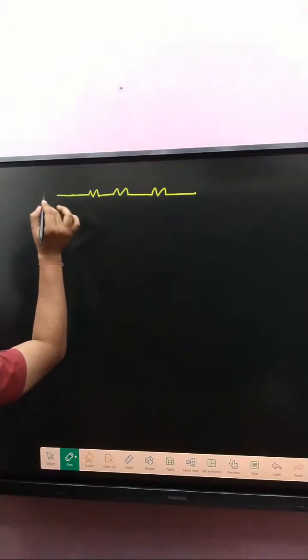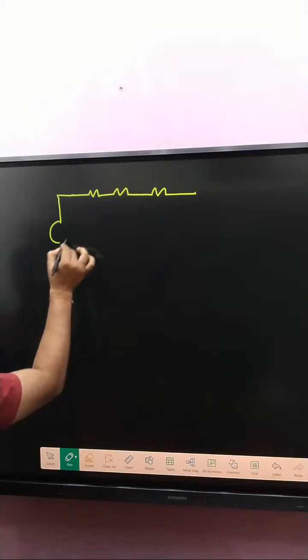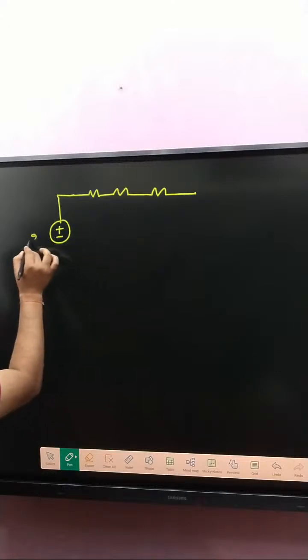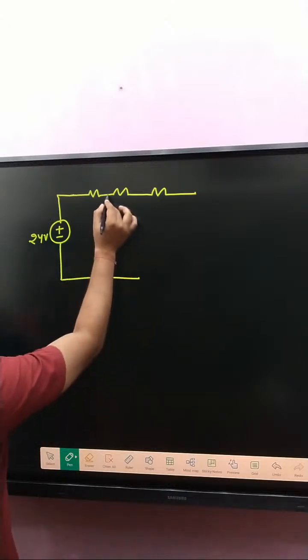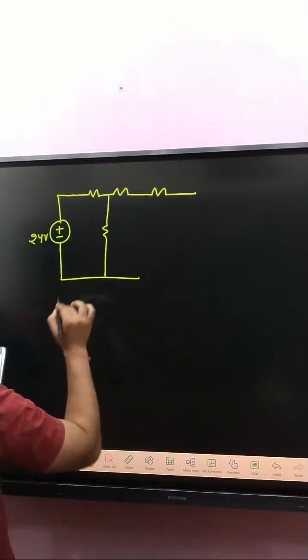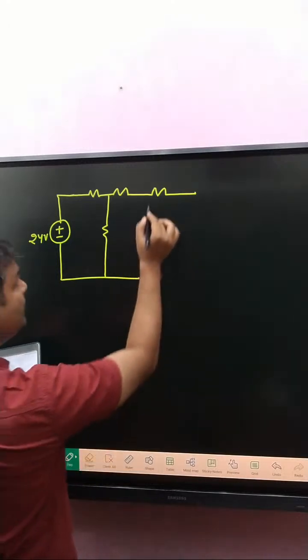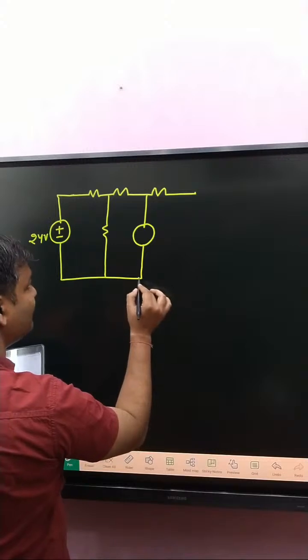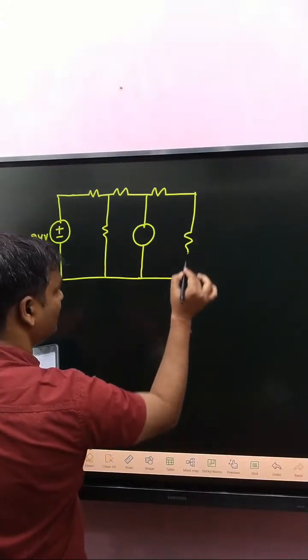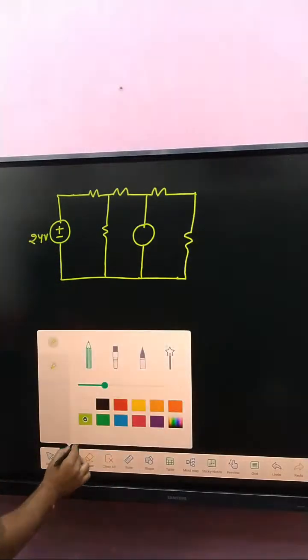Okay. These three resistances, and here 20 plus 24 volt, here 24 volt, and here a current source, and after that here a 20 ohm. Okay.